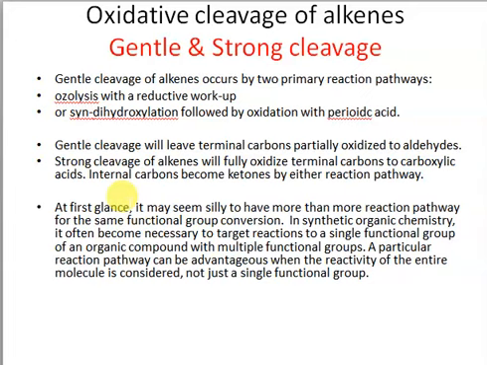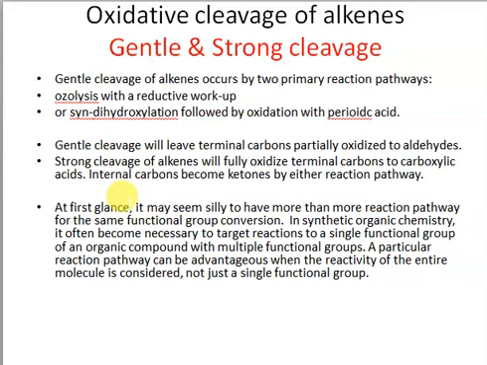But strong cleavage means that the alkenes will be converted into carboxylic acids. We will not get aldehydes in this process. However, if we have an internal carbon, meaning a substituted carbon, and we get ketones, the ketones cannot be converted into carboxylic acids.